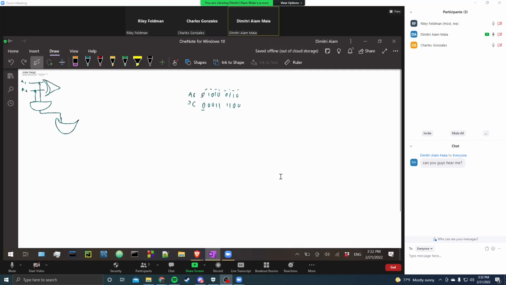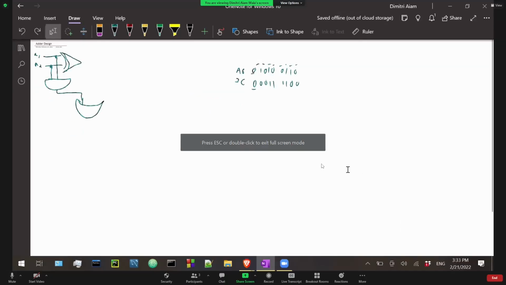Okay, so each number you translate into binary and place 1, 3 zeros, and then you add it. Isn't that how we usually do one's complement? We flip it if it's negative and then we add it together.